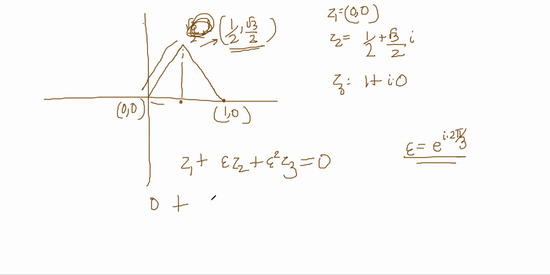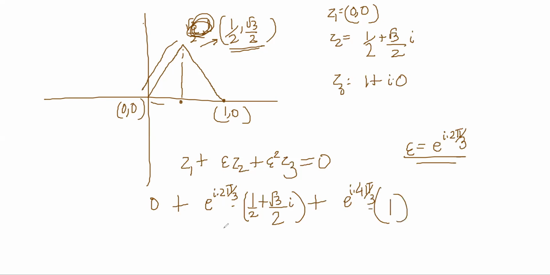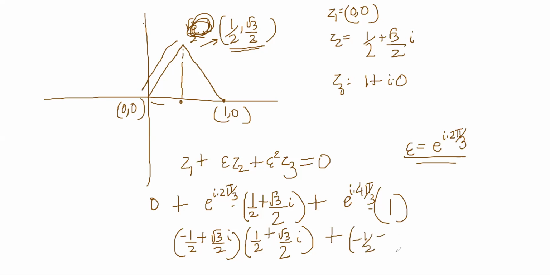Plus E times Z2, so e power i 2 pi by 3 multiplied by Z2, which is half plus root 3 by 2 i, plus e power i 4 pi by 3 multiplied by Z3, which is 1. So cos 2 pi by 3 is minus half plus root 3 by 2 into i. This is my e power i 2 pi by 3. To multiply by this, plus e power i 4 pi by 3, that is minus half minus root 3 by 2 i.